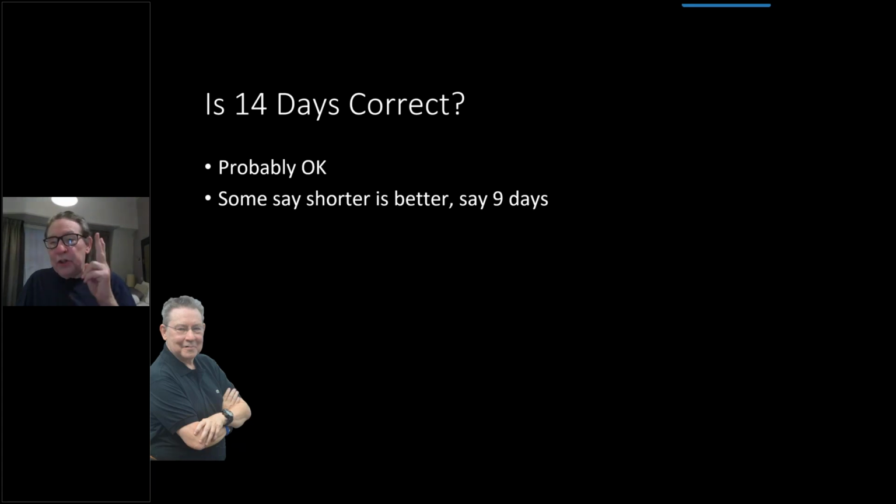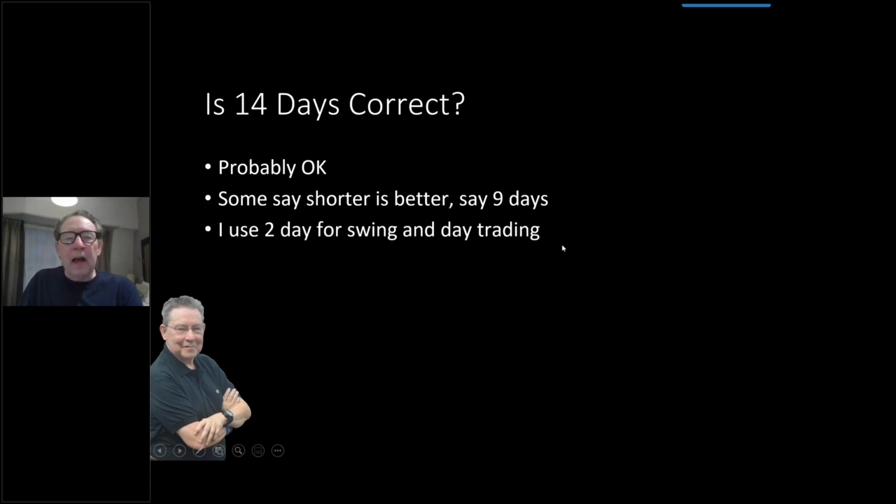One of my favorites is the 2-day RSI for swing trading. I'm not going to talk about that in today's presentation, but look at the 2-day RSI for swing trading. It's awesome. But for position trading, we want 14 days. You could try 9. I use the 2-day for swing and day trading. I use the 14 for position trading.